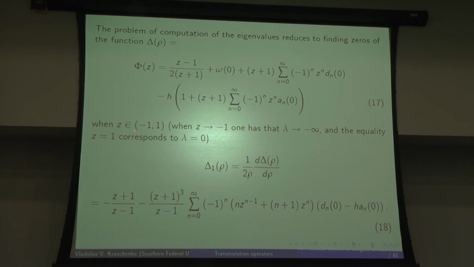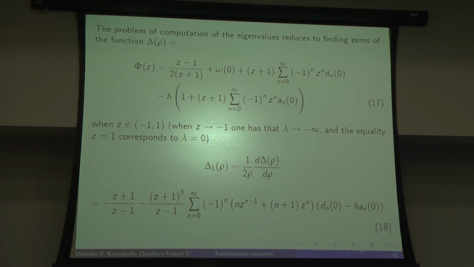And z, in this case, belongs to the interval from -1 to 1. In terms of z, it's just that. So z equal to -1 corresponds to lambda equal to -infinity, and z equal to 1 corresponds to lambda equal to 0.